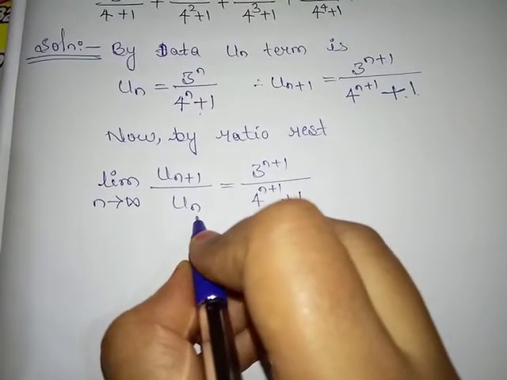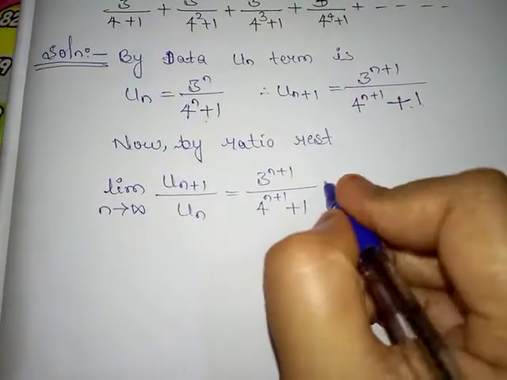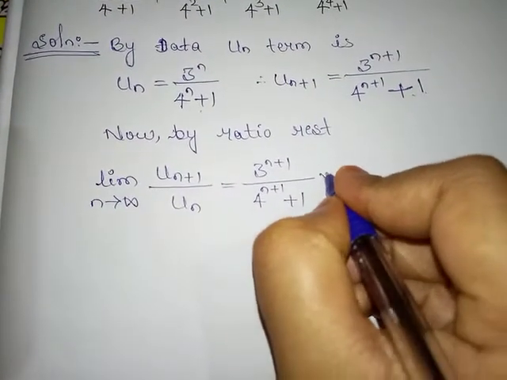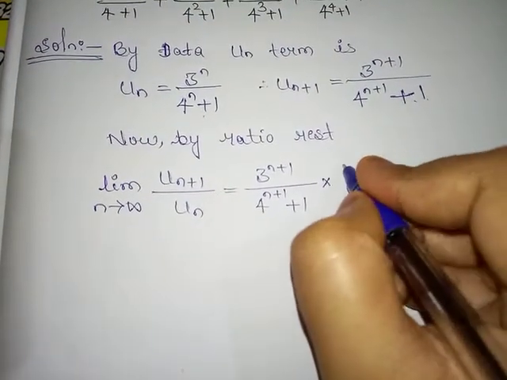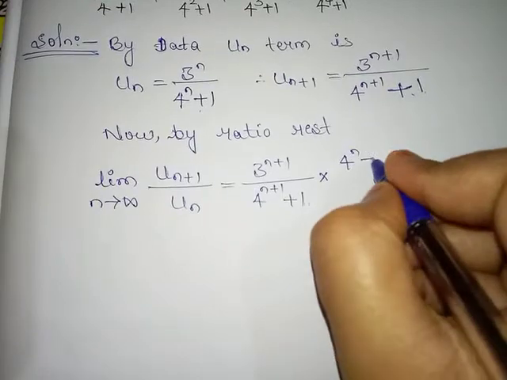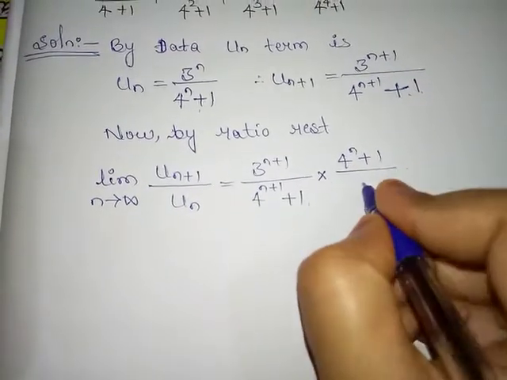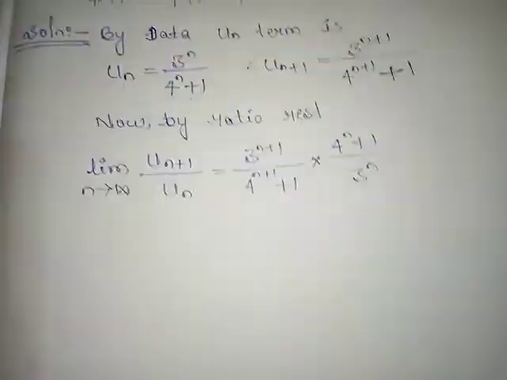Do not write u(n) in the denominator again; for easier calculation, write it as multiplied by 4 raised to n plus 1 divided by 3 raised to n.